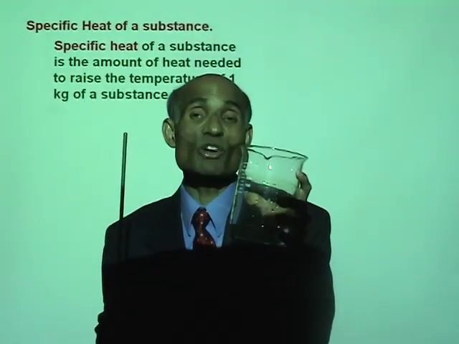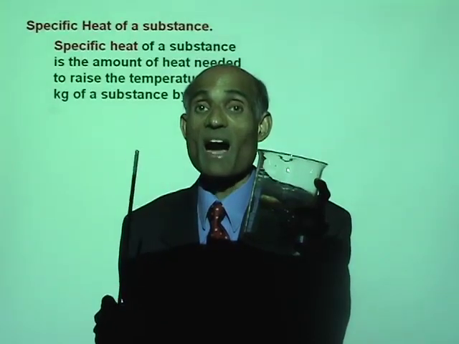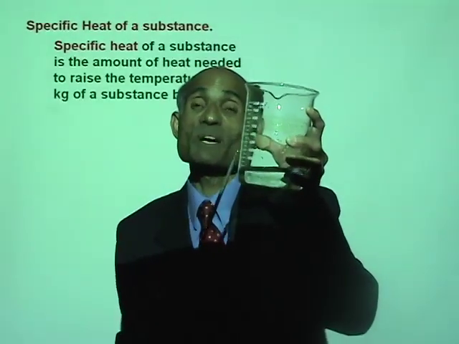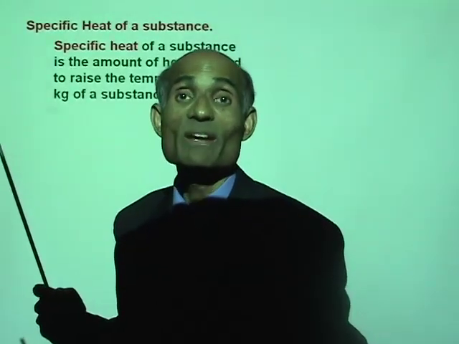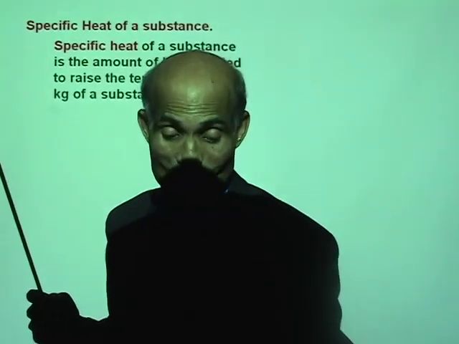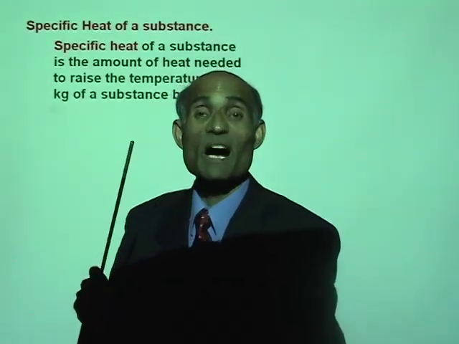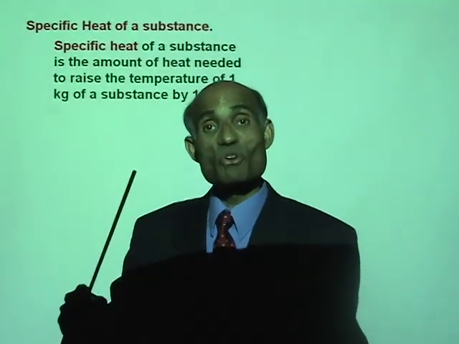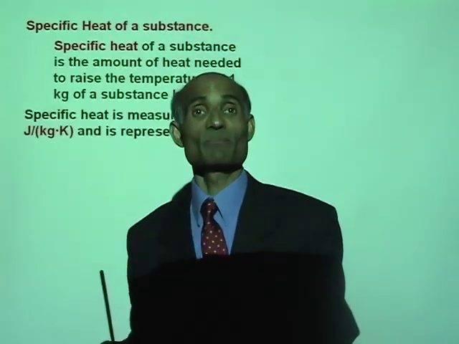We said 4,200 joules of energy are needed to increase the temperature of 1 kilogram of water by 1 degree Celsius. Therefore, the specific heat of water is 4,200 joules per kilogram per Kelvin.